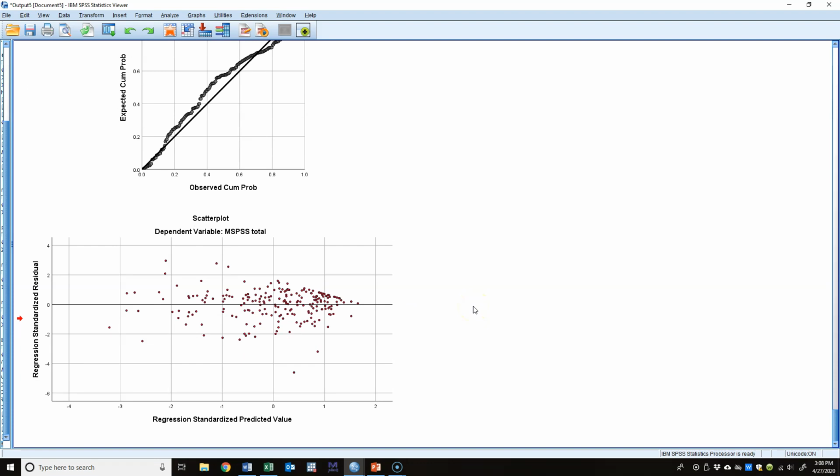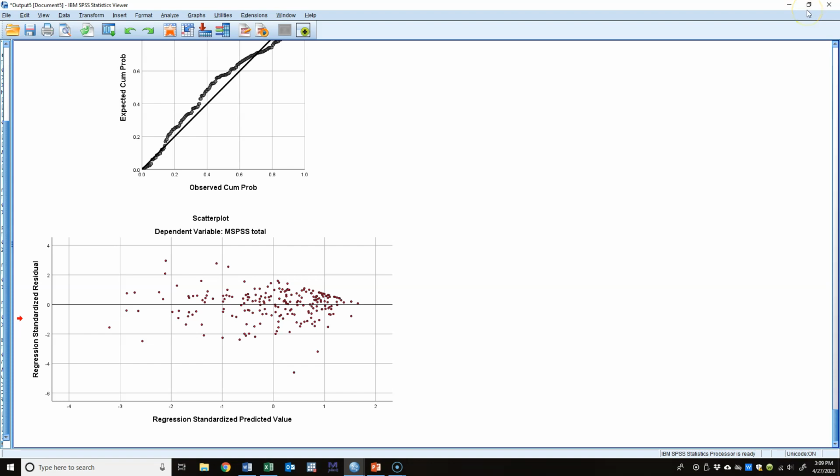The only thing is maybe a little bit of evidence of heteroscedasticity, with decreasing variability as my predicted value increases. Again, this probably isn't something we need to be too worried about, but it's a pattern that we might at least note. It looks like it's mostly only happening at these really high values, but this is where our greatest density of scores is, so we might want to make a note of that. That takes care of our residual plots.